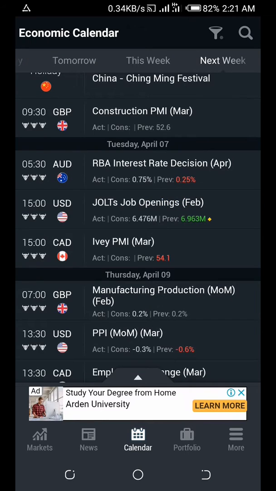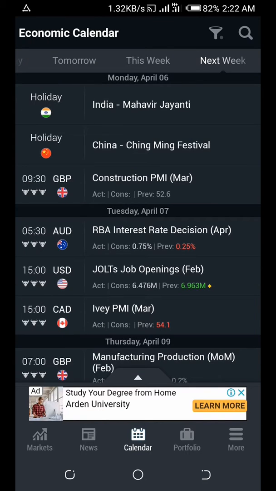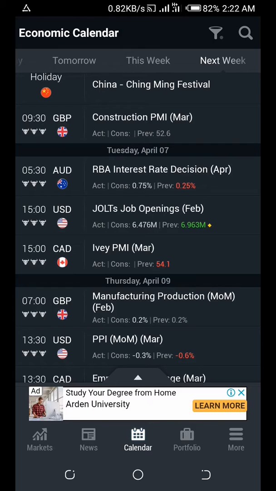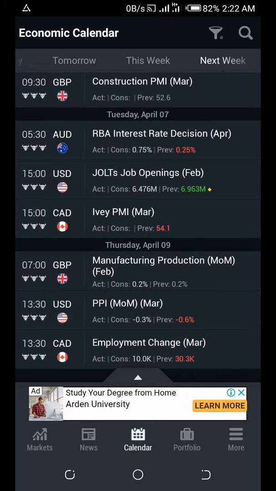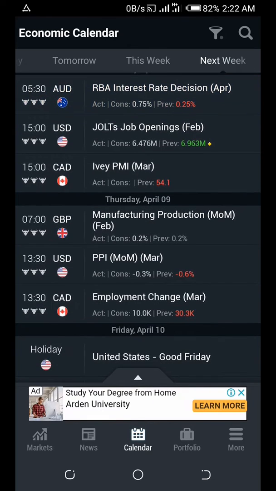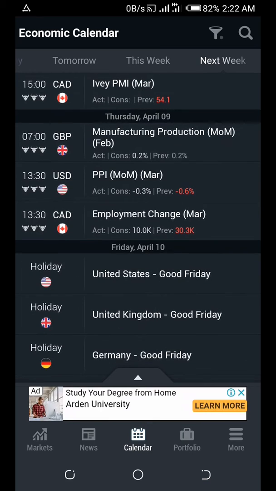The major thing here is that we've already noted it. This one is in Nigerian time, 5:30 a.m. Nigerian time. Interest rate decision, this is 3 p.m. Nigerian time, and after noting it, you are good to go.